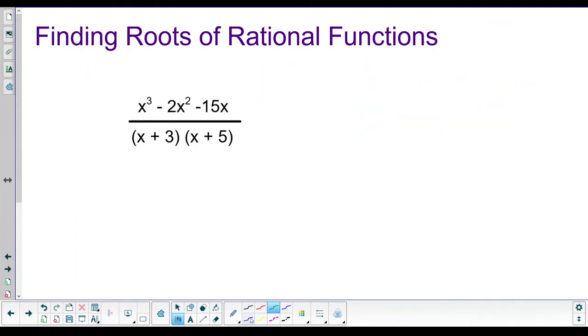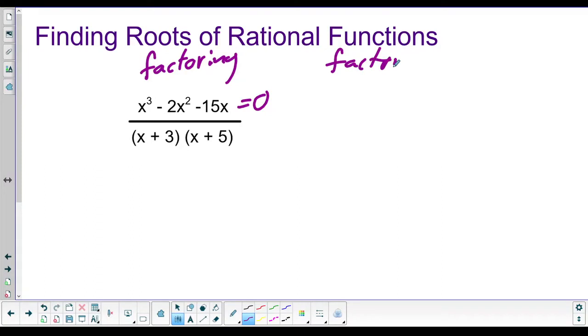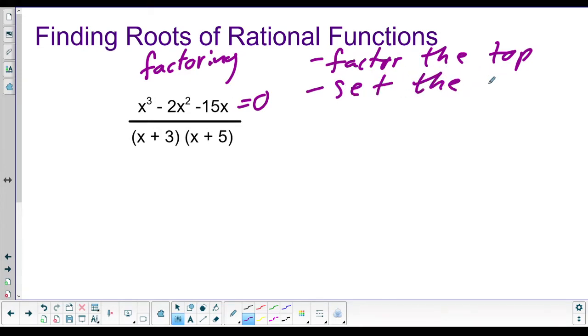When we do that, we're going to try and find the roots, and the way you do that is by factoring. So basically all you're going to do is factor the top, and then you set the factors equal to 0. And when we say factors, we're talking about binomials.